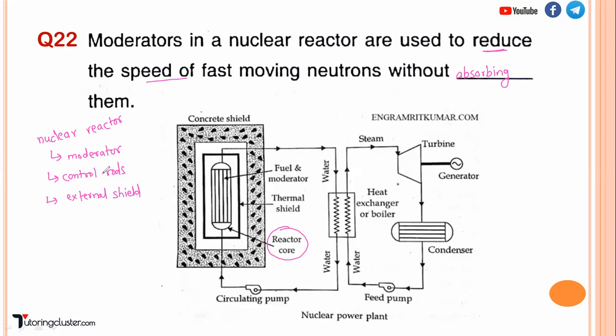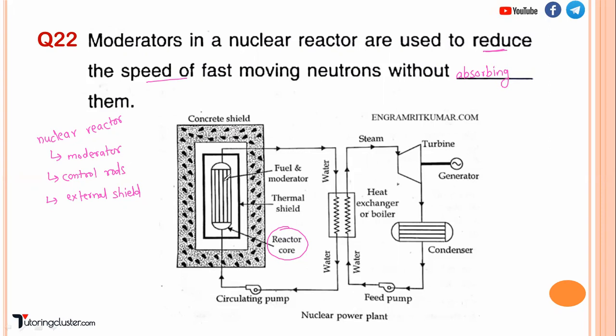You have to note that the moderator reduces the speed of the neutrons without absorbing them, while the control rod regulates the energy release by absorbing neutrons. So the function of the moderator is to reduce the speed, and the function of the control rod is to regulate the energy which is released. The moderator does not absorb the neutron, while the control rod absorbs the neutron. I hope the things are clear.